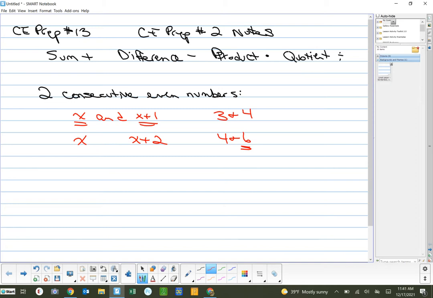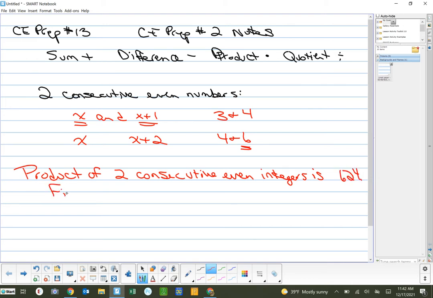But I know the first one says something like the product of two consecutive even integers is 624.